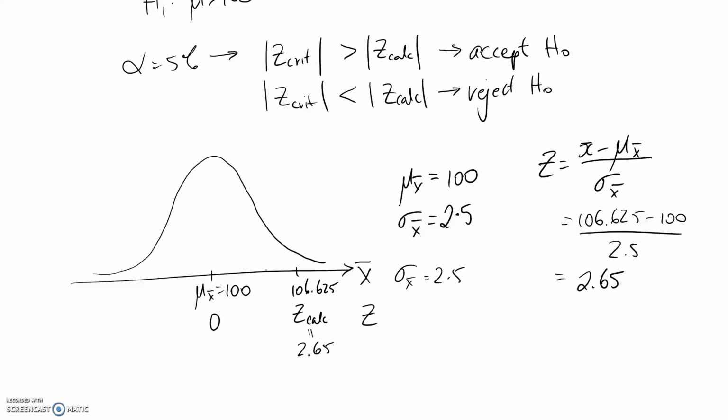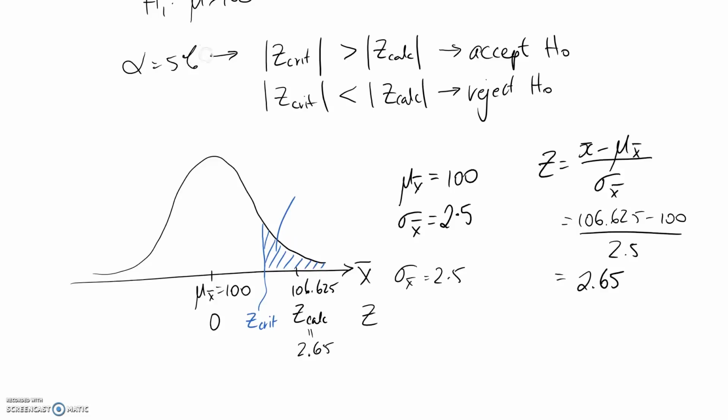So let's just mark a point here. We don't really know where this sits yet along the axis, but this is going to be z critical. What we do know is that this critical z value relates to our alpha value of 5%. So if we drop a line here at the z critical value, the area included in the region at that value or more extreme is equal to our alpha value.